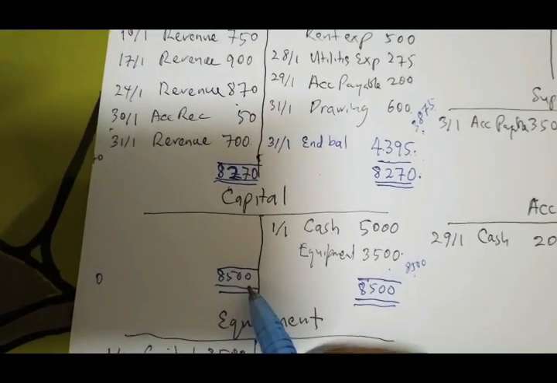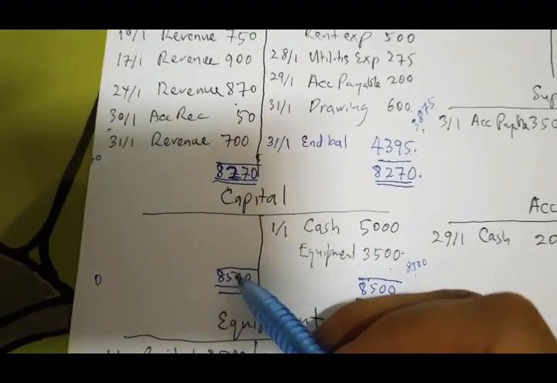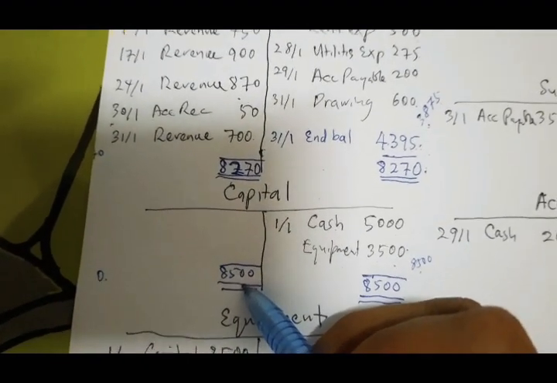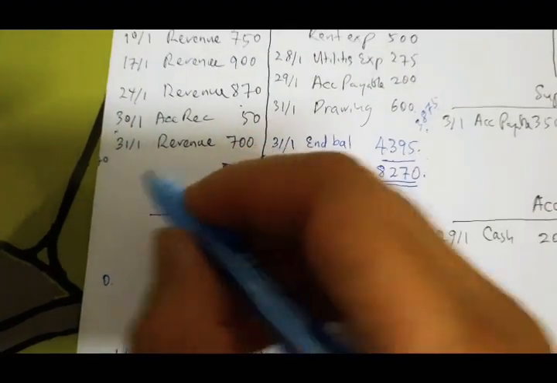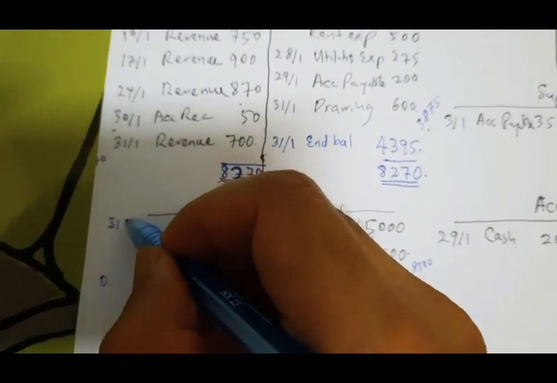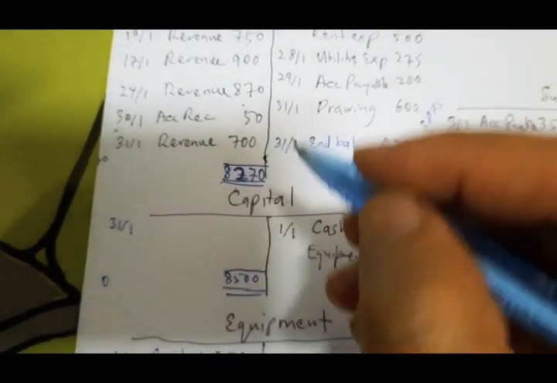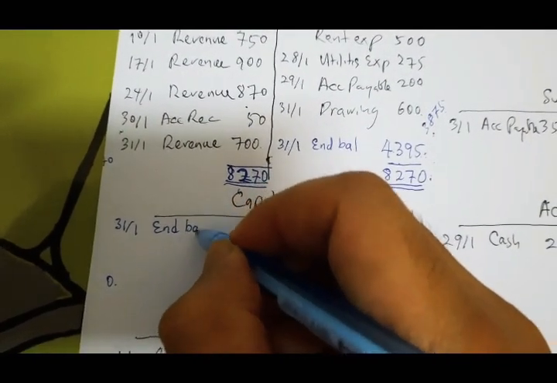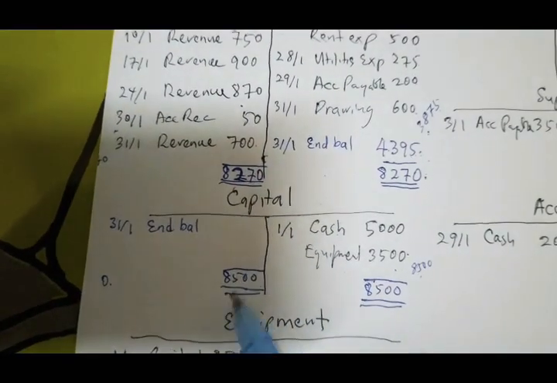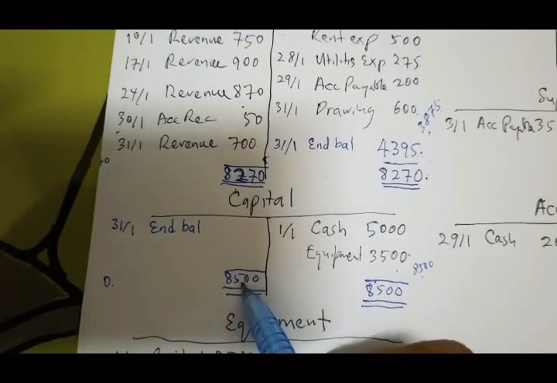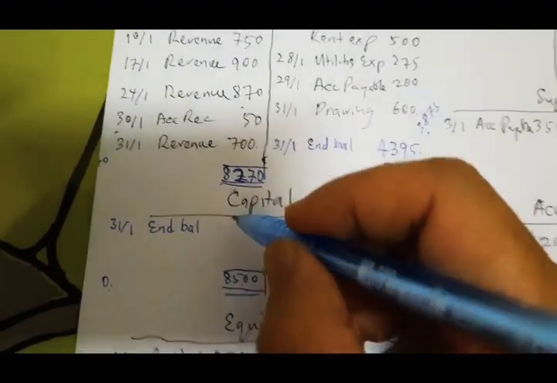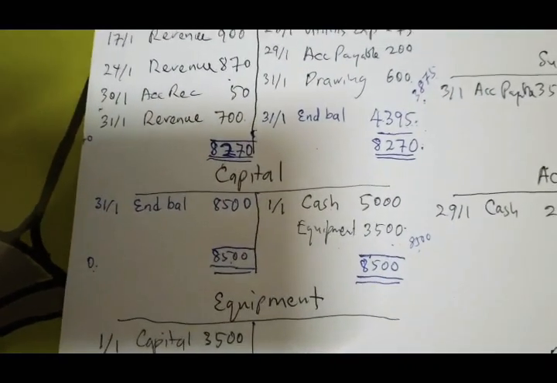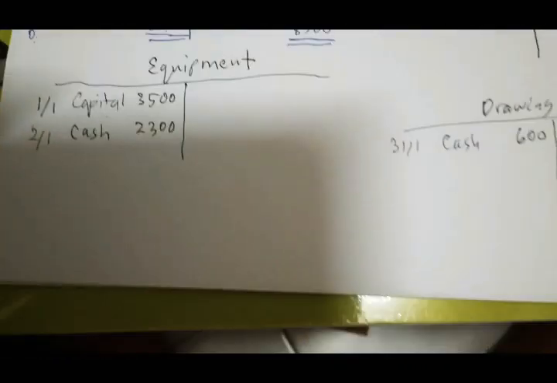So what is the difference between this number and this number? The difference is 8,500. So you write the balance. The ending balance for the capital account is the difference between this amount and this amount. So the difference is 8,500. Okay, now this is straightforward.